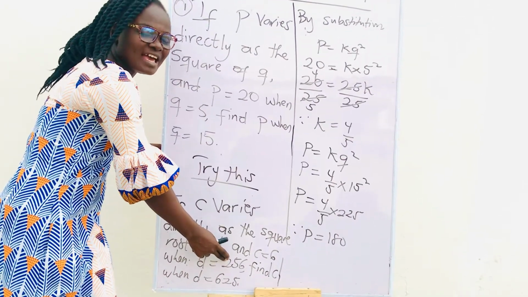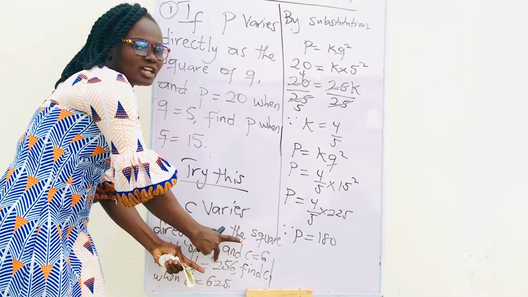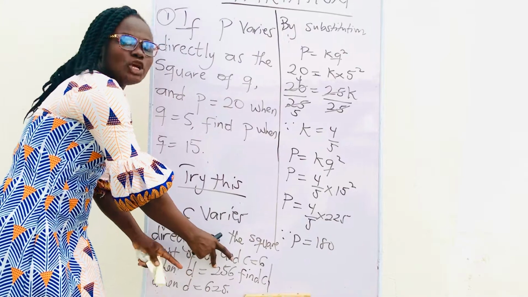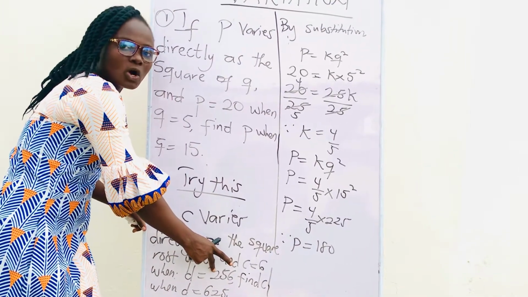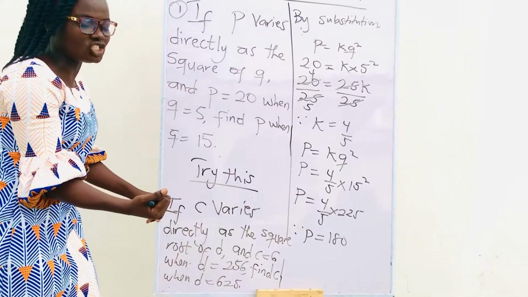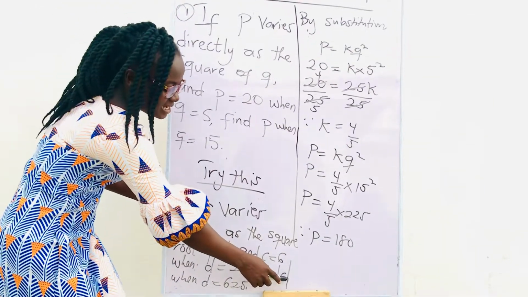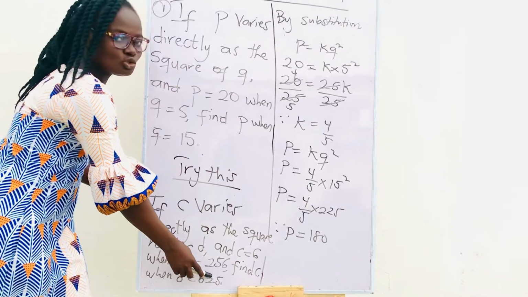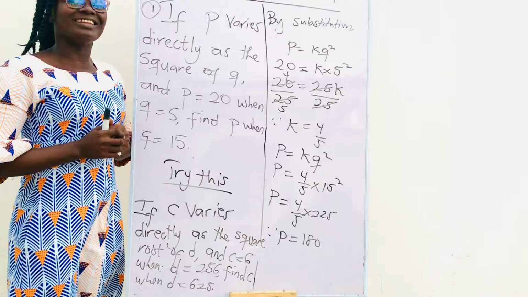So in this case, this also gives you the first part of the question. So you use these variables to find your constant. After finding your constant, you find the second part of the question. And it reads like this. Find c when d is 625.